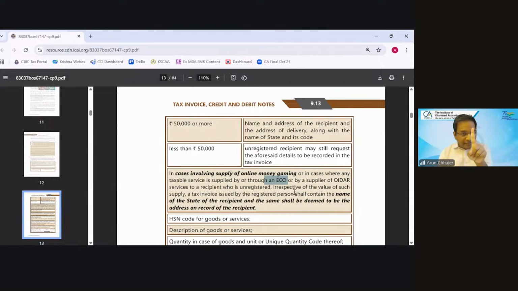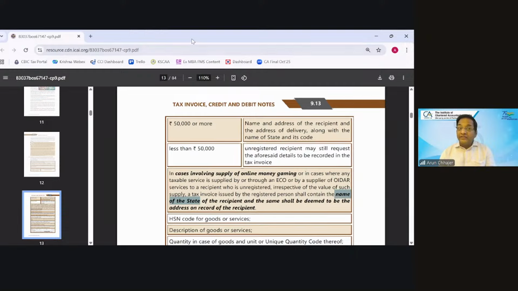Second, online money gaming, supply made through e-commerce operator. Third, OIDAR. In these three transactions, when the recipient is unregistered, it is immaterial what the value is. It will always contain the name of the state.